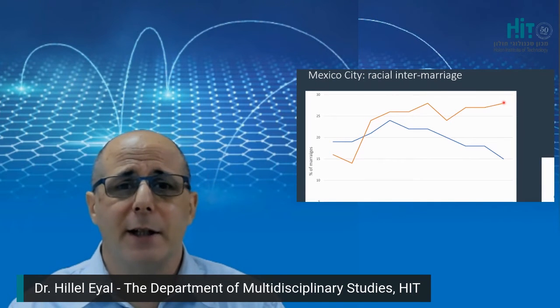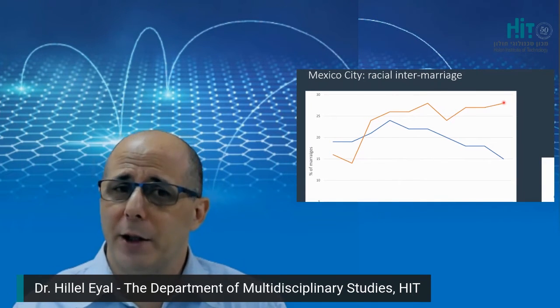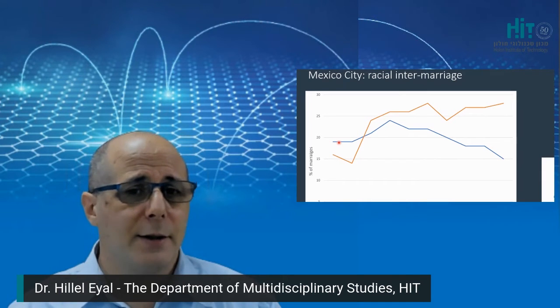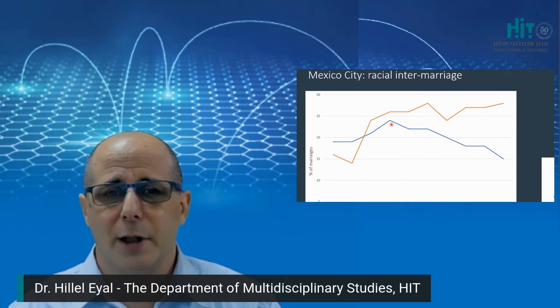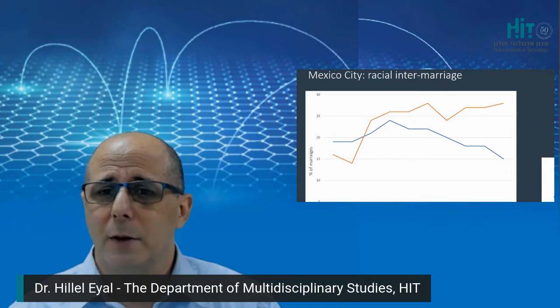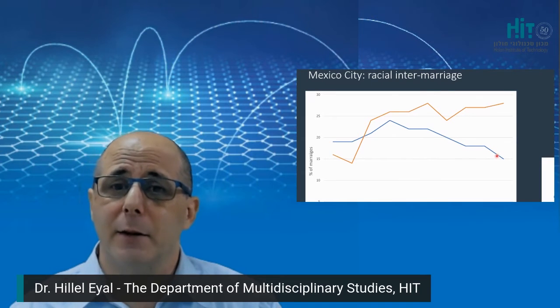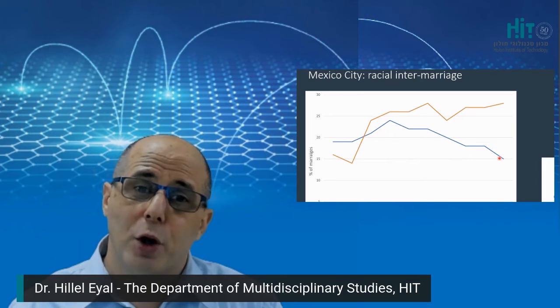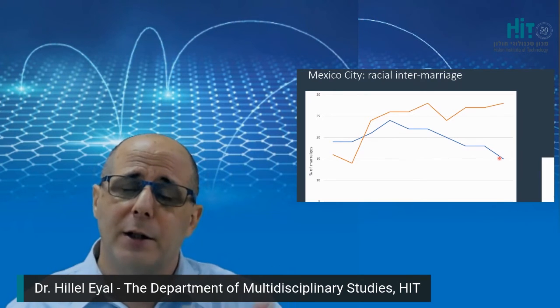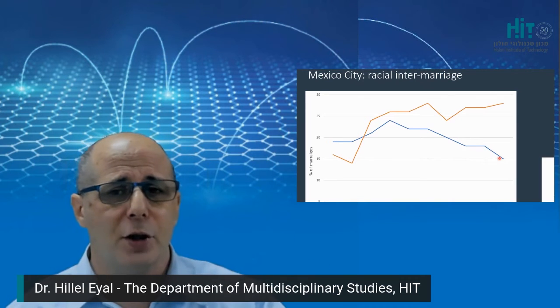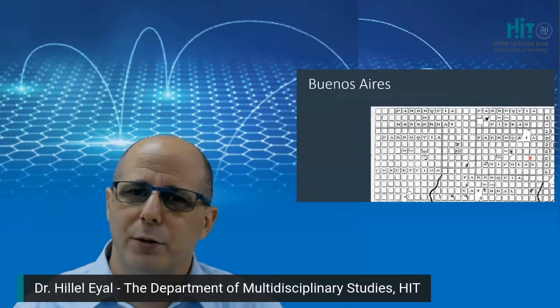We can see an increasing degree of intermarriage between different races. Whereas in the center, which is the parish of the cathedral, plotted here, we see a decline in racial intermarriage. This has important consequences for different issues in Spanish American history for the late colonial period and the early national period, into which I'm not going to get in this presentation.